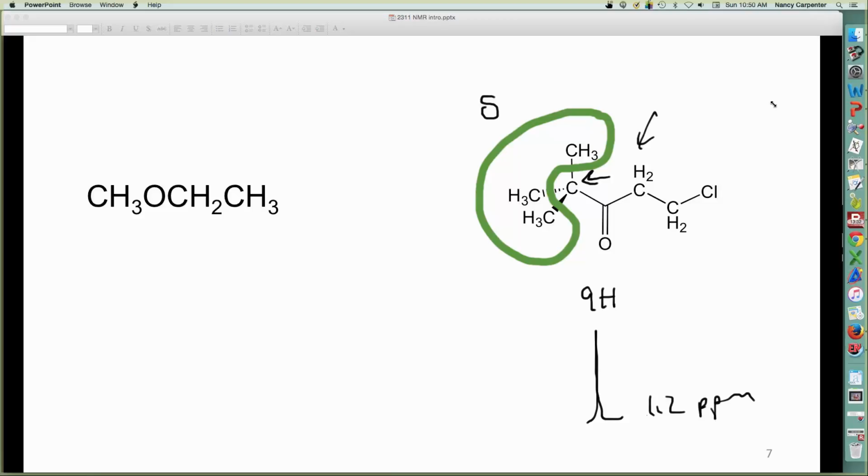These guys, well, who are they next door to? 2 hydrogens. So that's going to be a triplet, and that's going to be down around 2 if you use your correlation chart. So that's going to be 2 hydrogens. And then this guy, okay, back to now looking at this one, it is adjacent to 2 hydrogens as well, so it too should be a triplet, and we'd have to use our correlation chart to figure out where that one is.